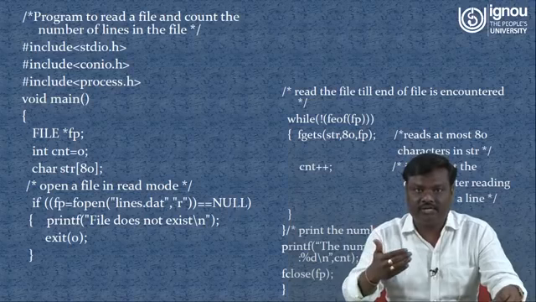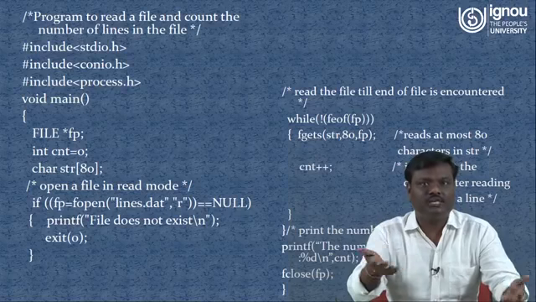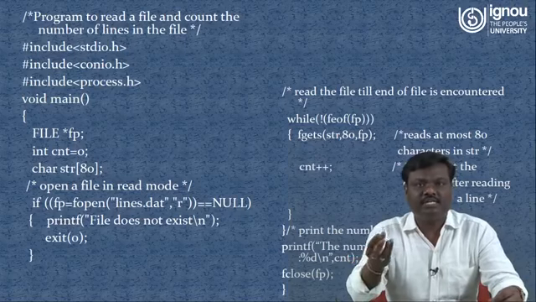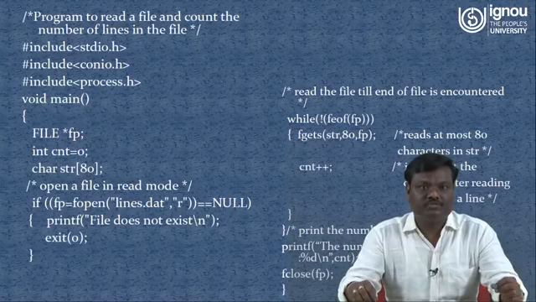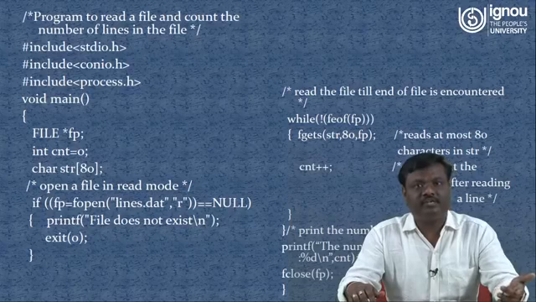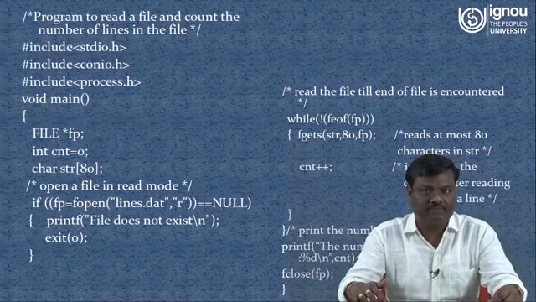We have to read, check and then display the number of lines in that file, so there is no need of writing. We are just opening the file in read mode using the file pointer FP, and the first statement is the check, whether the file exists or not. If it doesn't exist, an appropriate printf command is given over there.